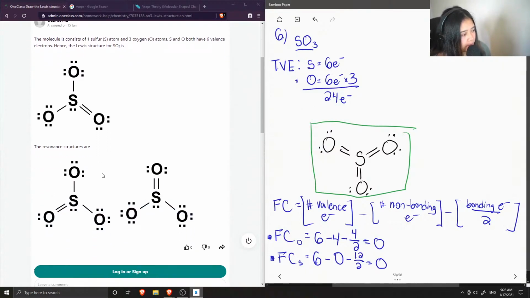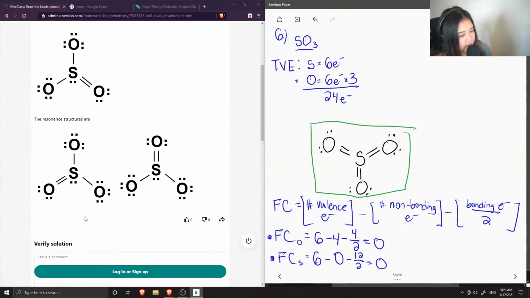And also, these oxygens will have a negative charge. Yeah, so these two oxygens that are single bonded will have a negative charge. And if we calculated it for the sulfur, it would be 0.